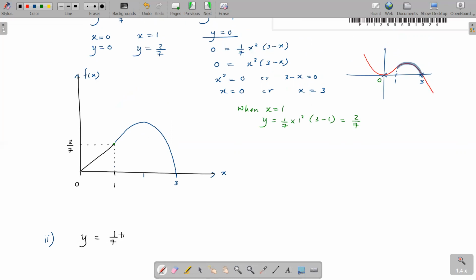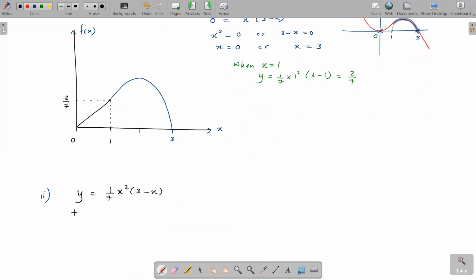Y equals 1/7 x square (3 minus x). When we expand it, what will we get here? Because I want to find the turning point, better that we differentiate and get it, right? 3/7 x square minus x square into x is x cube, 1/7 x cube. Differentiate.